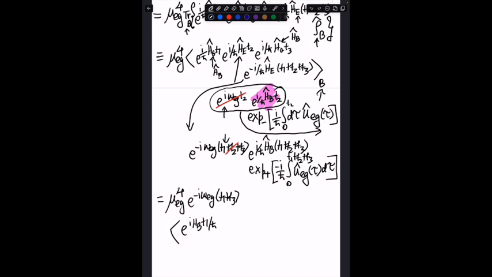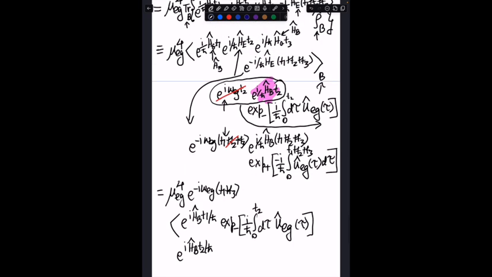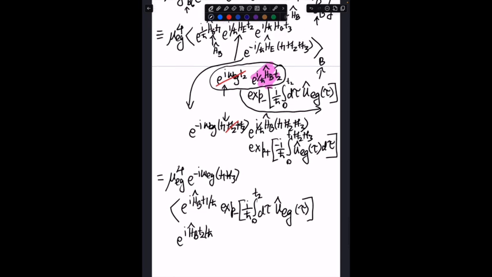And then you have the time propagator, exponential negative i/ħ, 0 to t2, dτ. You had H_eg(τ), and then you have this term, which is e^{iH_B t2/ħ}. And you have your third term, which is just e^{iH_B t3/ħ}.